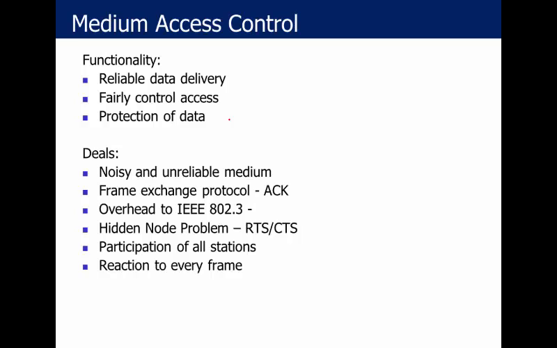What MAC, medium access control, can do is transmit and receive data in a reliable fashion and control access, of course. So some security issues and encryption issues are involved.